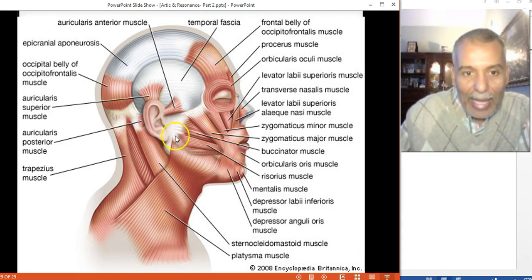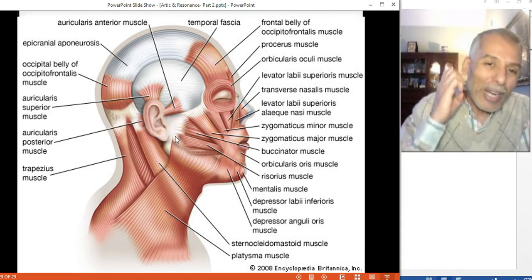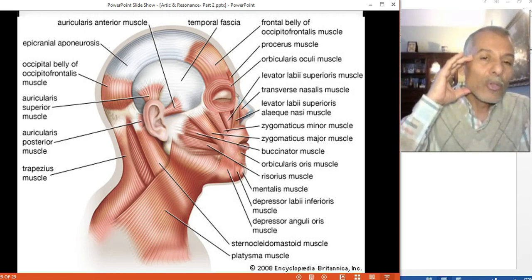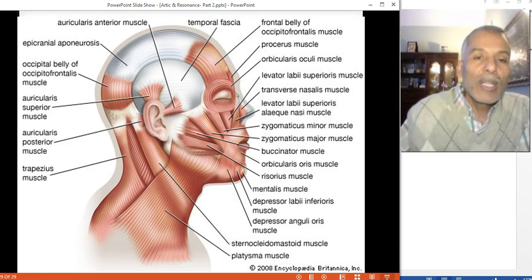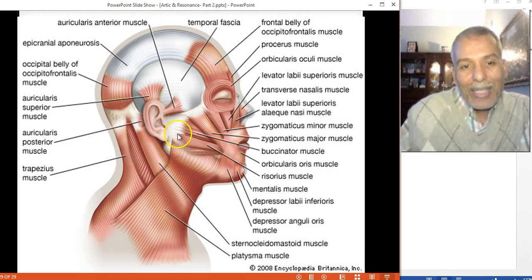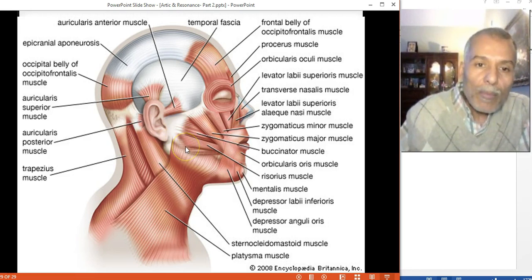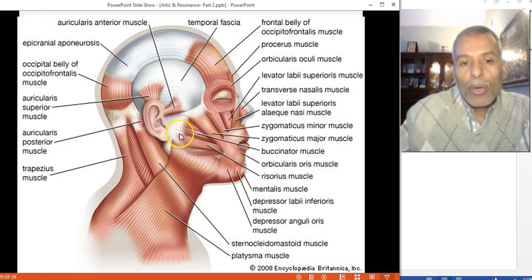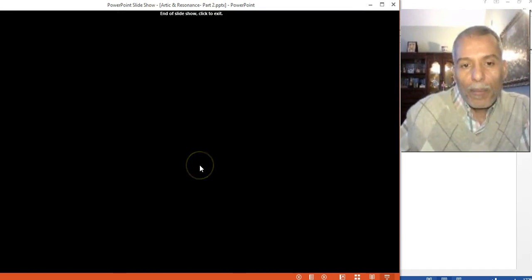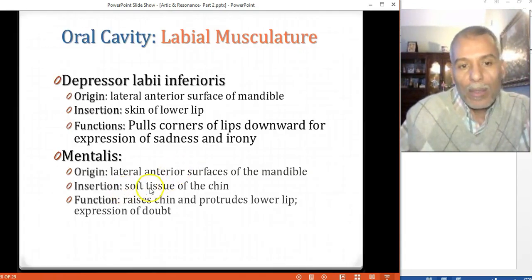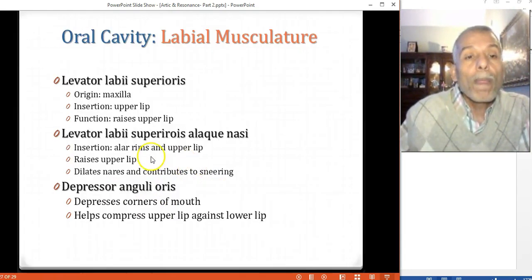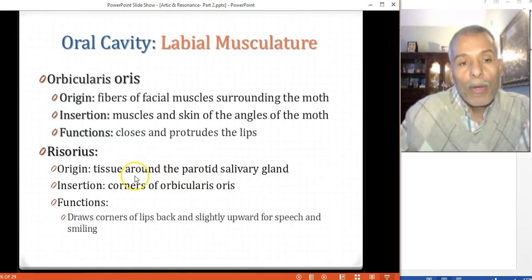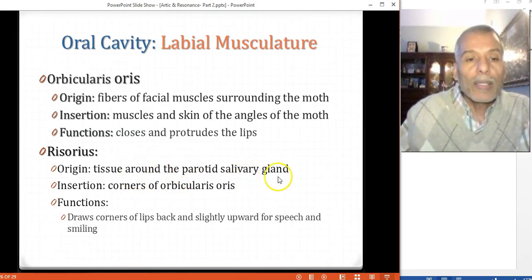There are salivary glands that, as you close your jaw and crush food, release saliva. So as you can see, the origin of this muscle is on the tissue of the parotid salivary gland.